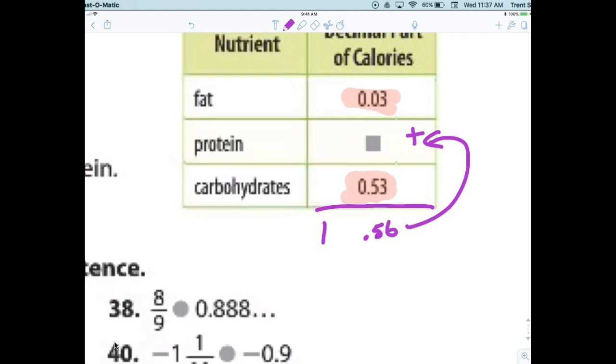Do you agree? So think of it like this. This is $1. You need $1 total. You have 56 cents. How much protein is there? Well, you're going $1 minus 56 cents. So now let's practice your mental math. What's $1 minus 50 cents?